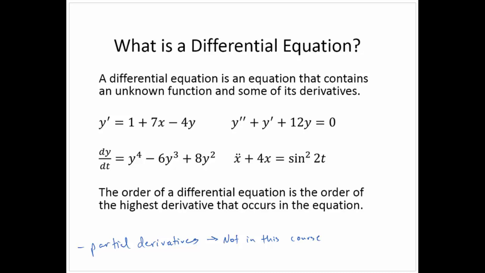For example, we have y prime is equal to 1 plus 7x minus 4y. That's an ordinary differential equation, where, when we see this notation, we have to understand that y is the dependent variable, and we're going to make the assumption that since we see x here, x is the independent variable.